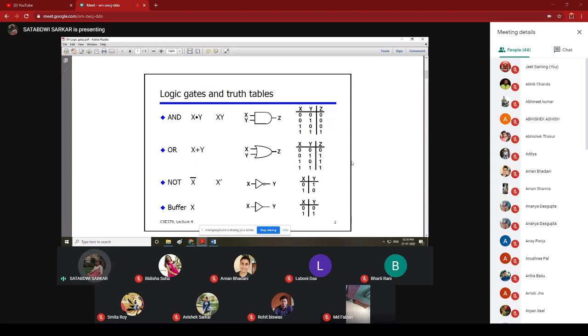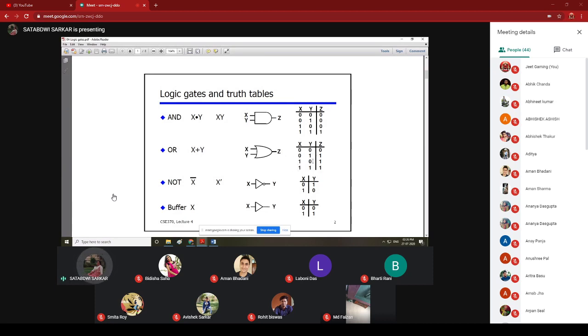Here is the table for the different input combinations of two variables. If we have two variables x and y, then the number of input combinations is 2 to the power 2, that is 4: either 0 0, 0 1, 1 0, or 1 1.